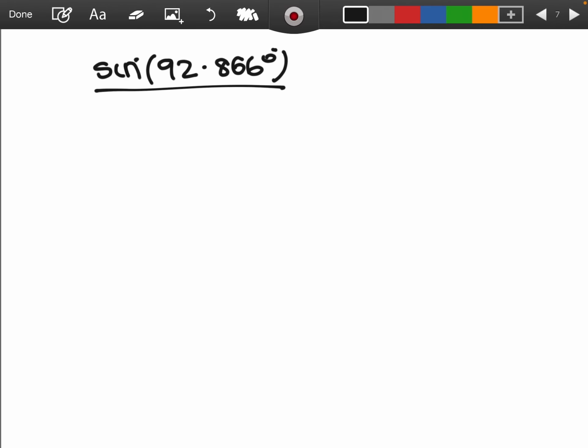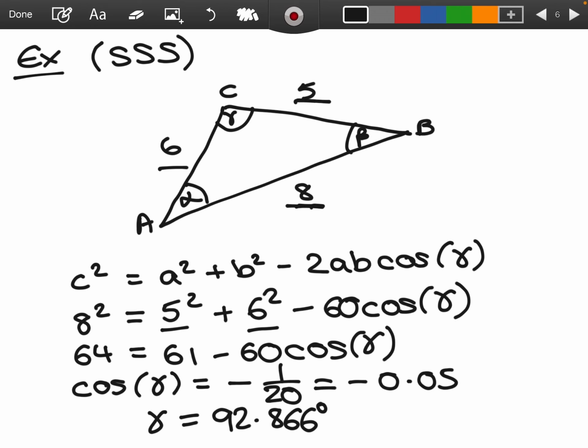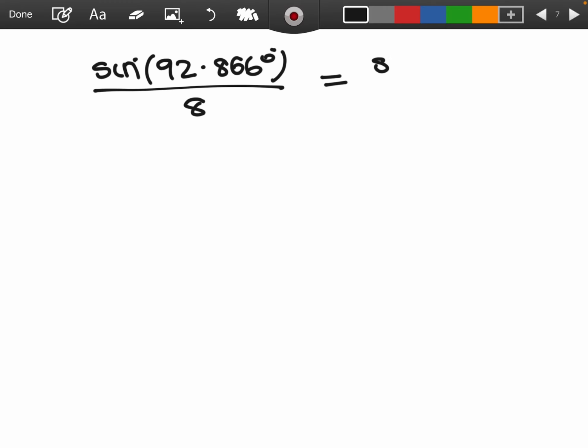So I'm going to use that and say that sine of gamma, 92.866 degrees, divided by my side C, which was 8, is equal to, now you can go ahead and do this for either one. You have A and you have B. We'll start with A. So I know that A is 5, so I'm going to have sine of alpha over 5.